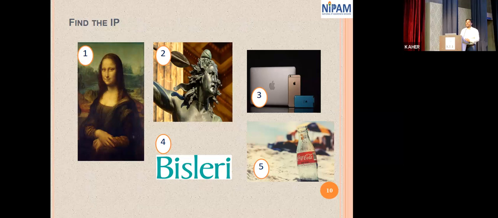So now you have created these things: 1, 2, 3, 4, 5. Which type of IPR will you obtain? First, what is the IPR you will take? Painting.